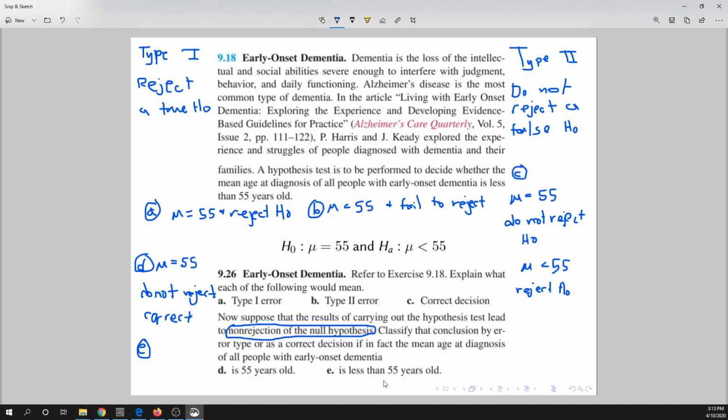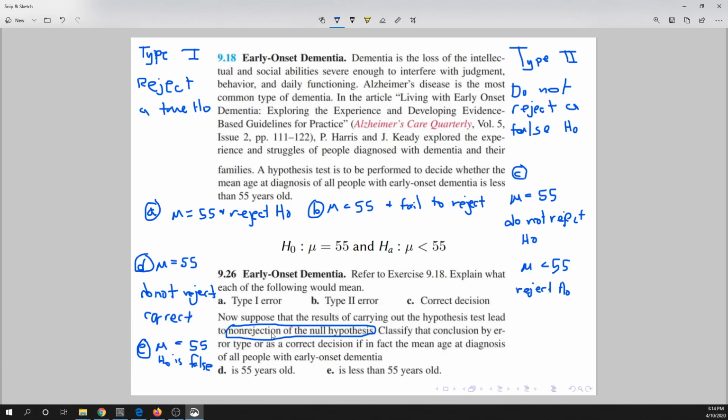In part E, they say that the truth is that the mean is actually less than 55. If that's the truth, then that means that our H naught is false. That's the situation.